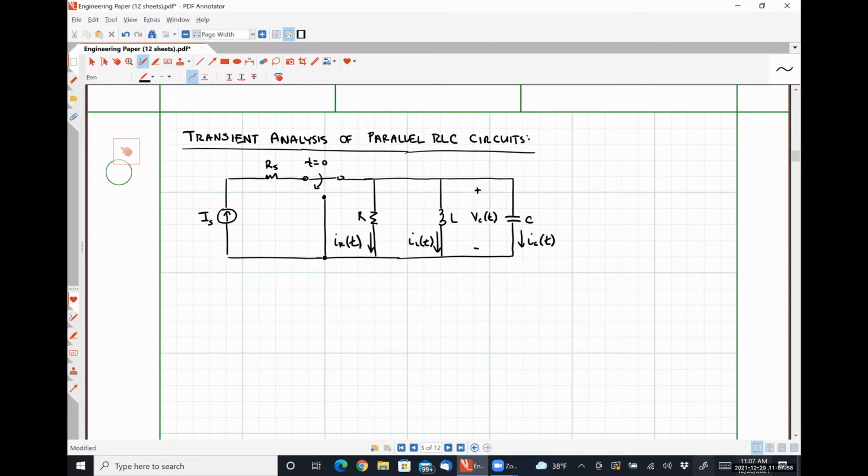So during the transient condition, we can develop a differential equation.